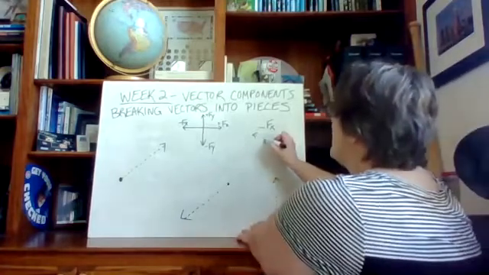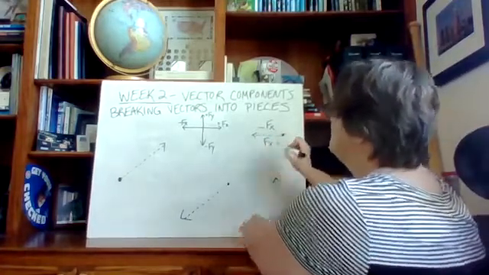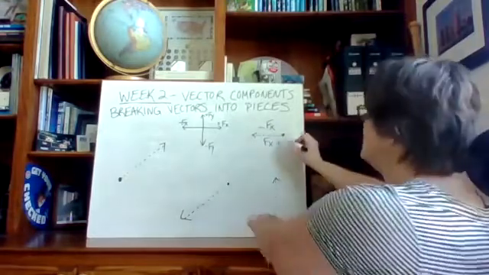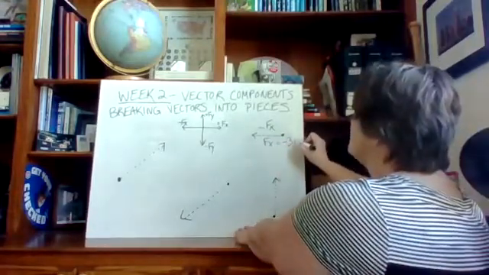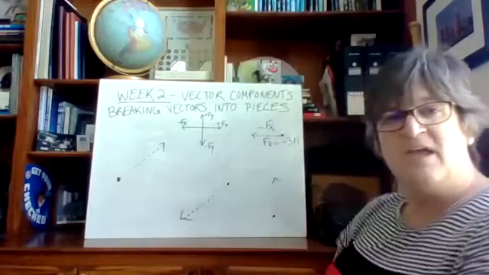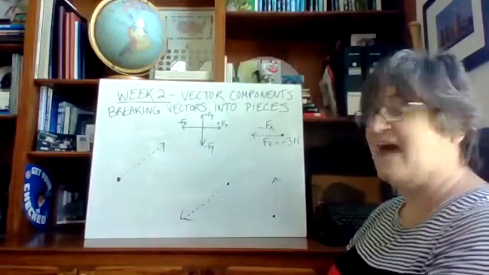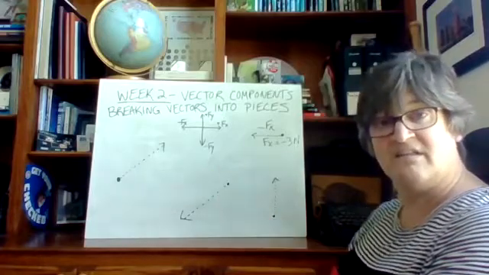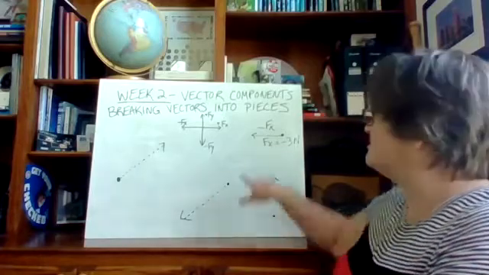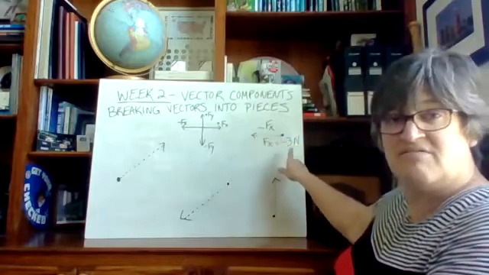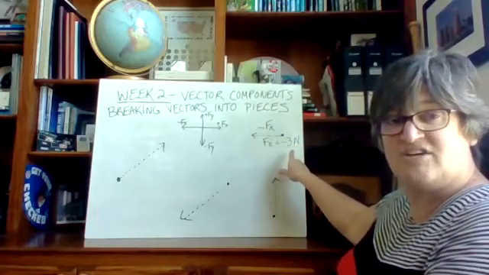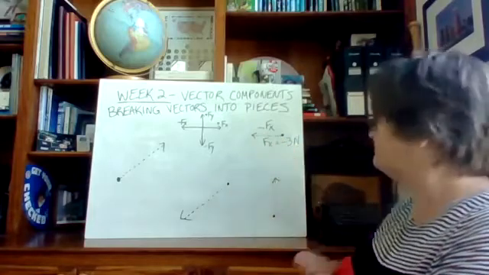So we would say Fx was approximately negative 3 newtons. Now you notice I just wrote Fx. The fact that I put a negative indicates that it's going to the left. And then the 3 newtons is how big it is. So this is a vector. It tells me both direction and magnitude.